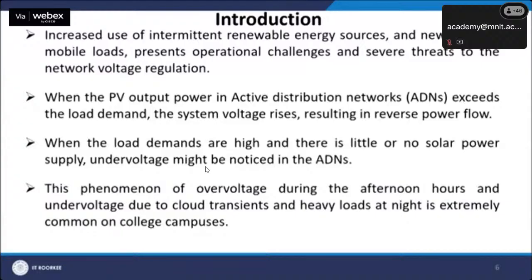However, 50 to 60% of the load, especially hostel loads, is almost close to zero. Similarly, a significant undervoltage may be observed during the day when the load demand is at its peak due to practical classes and the solar power is rapidly reduced due to cloud transients.